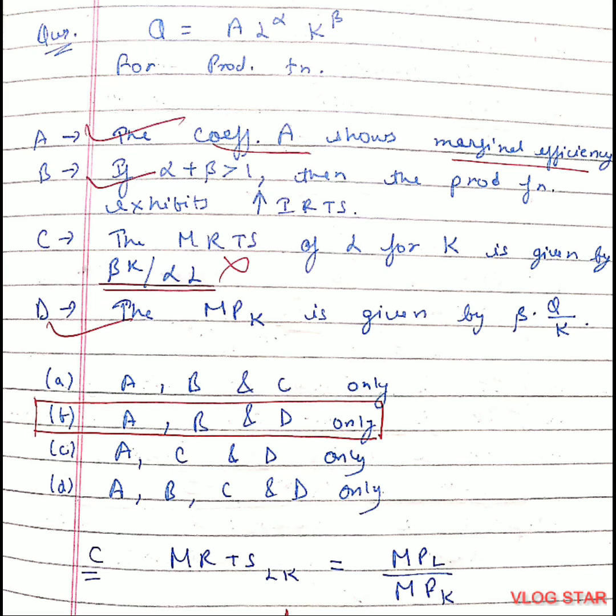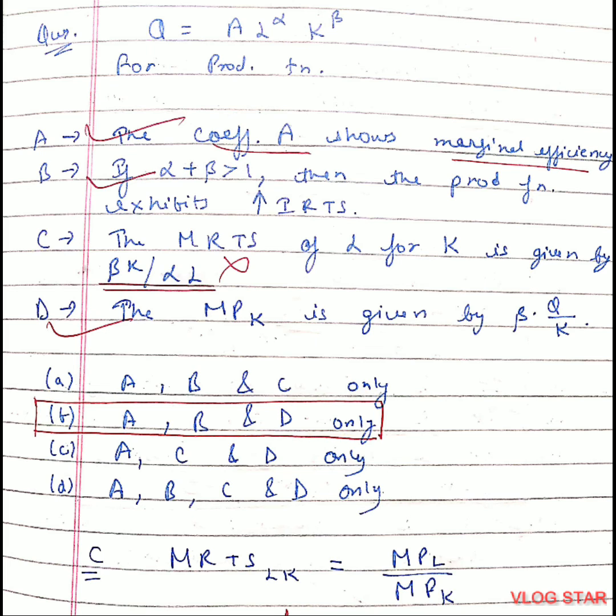Option A says the coefficient A shows marginal efficiency, which is correct. Option B says if alpha plus beta is greater than 1, then the production function exhibits increasing returns to scale. This is also correct. The third option says the MRTS of labor for capital is given by beta K upon alpha L. This is not correct because it says labor for capital, whereas in the answer it is saying capital for labor, so it cannot be correct.